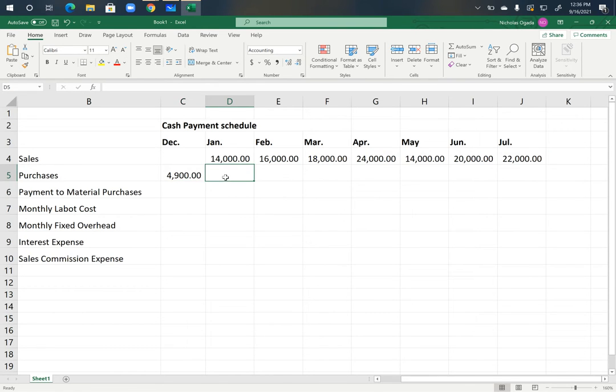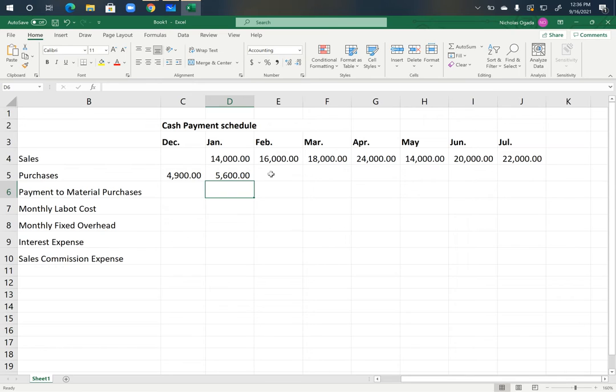In January, we're just taking 35% of 16,000. I could go ahead and do 35% of 16,000 and have my purchases of 5,600. Again, I could go on and on.